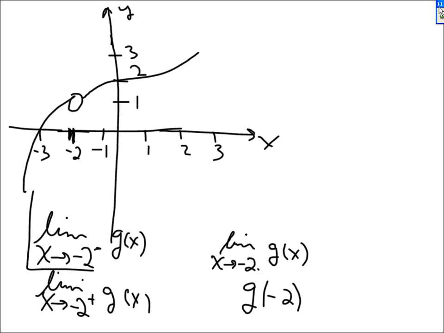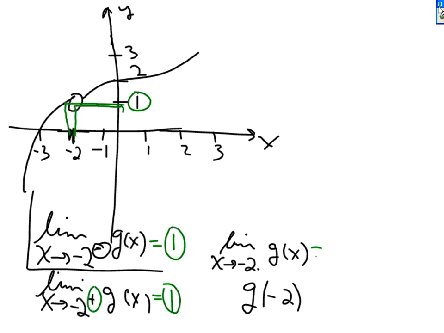So for the first limit, go a little bit to the left of negative 2. It's not going to matter, because you go a little bit to the left of negative 2, you get 1. If you go a little bit to the right of negative 2, you also get 1. Since I got the same answers, these equal 1.